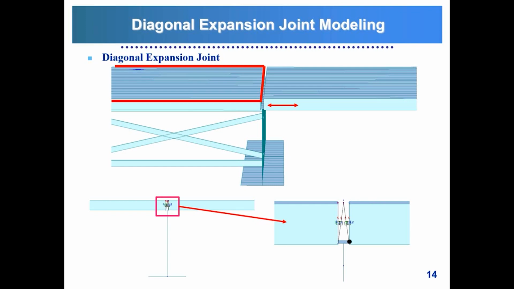We created a node directly below the dummy element, and then joined those two nodes with a compression-only link. Essentially, this allows us to transfer shear from the deck to the floor beam, but it will allow this dummy element to freely move in the horizontal direction, and it will not have any shear or tension force being transferred over here. Once we have that, we connect this node to the floor beam with a rigid elastic link.